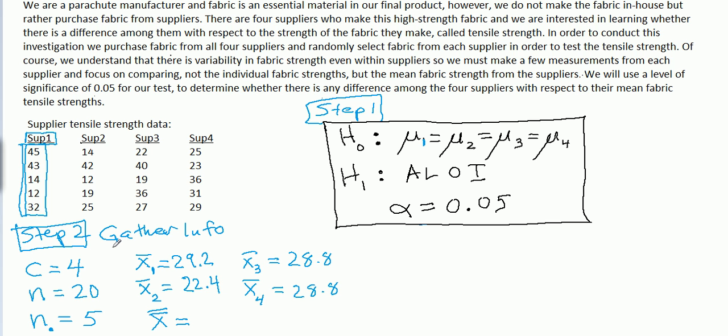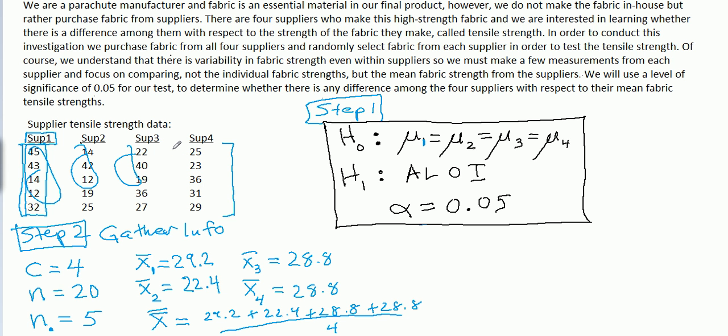Or another way to do it, and you'll get the same exact result, because there's the same amount of observations in each of the groups, I can take the average of the averages and it will be the grand average. So what do I mean? I could do 29.2 plus 22.4 plus 28.8 plus 28.8 and divide that by 4, only because there are the same number of observations in each of the samples.